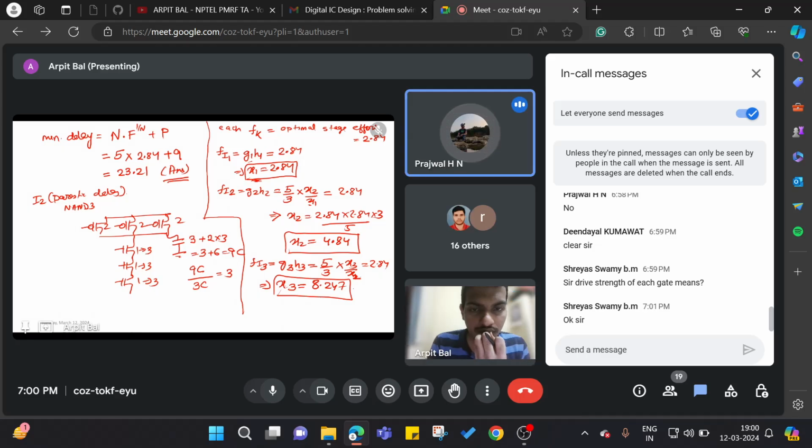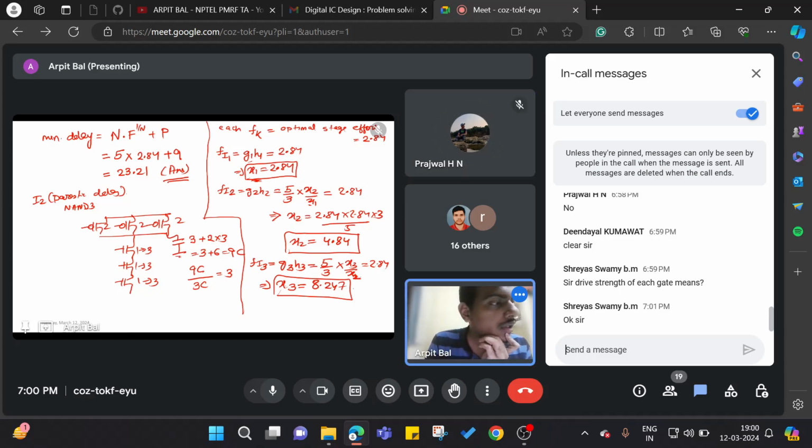These are not the actual capacitances, right? These are in terms of X. We need to multiply by 3C. Yes, to get the absolute value, you need to multiply it by 3C. If you further want to figure out the width of the individual transistors, you can do that.